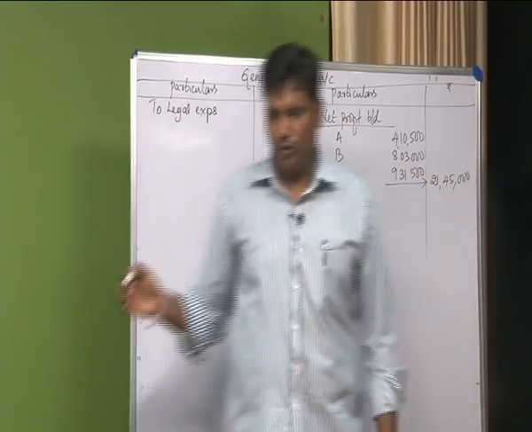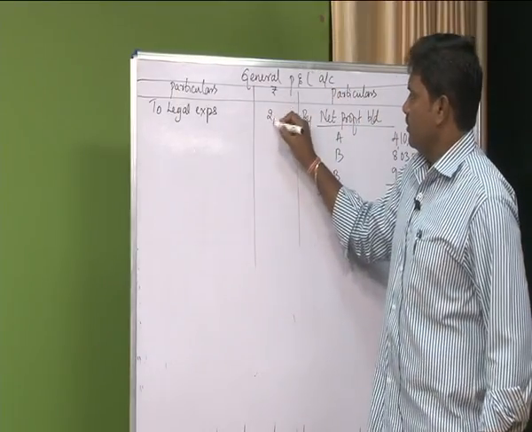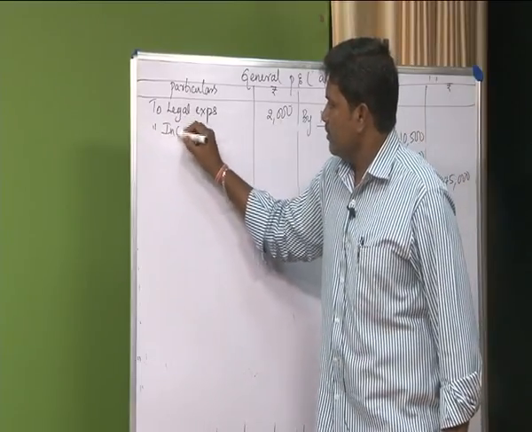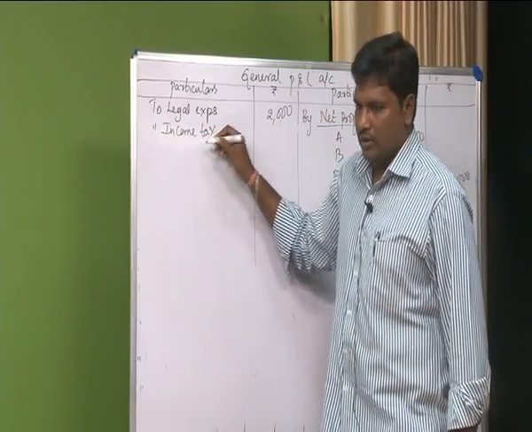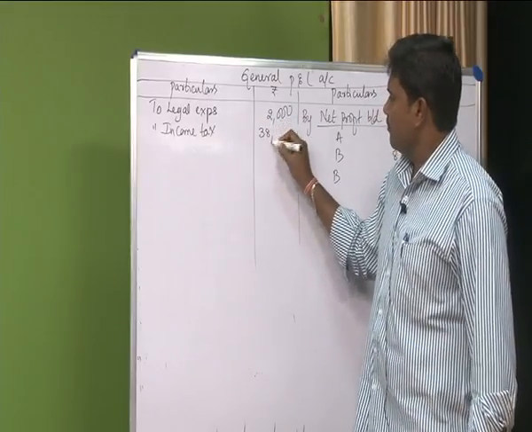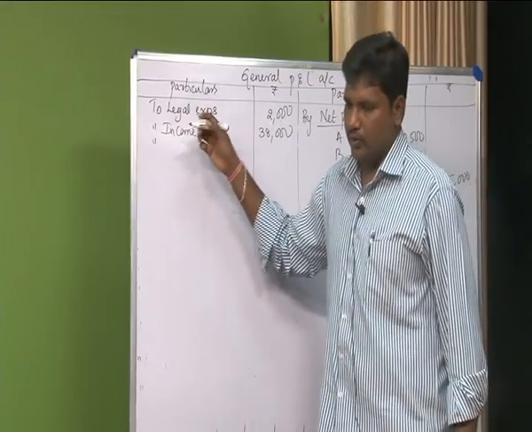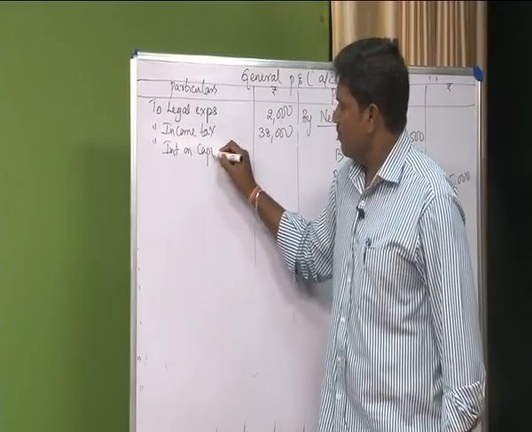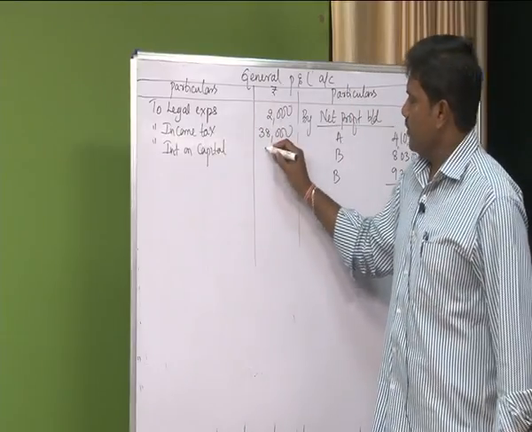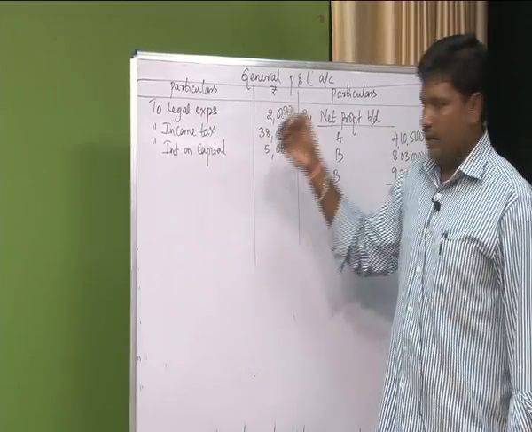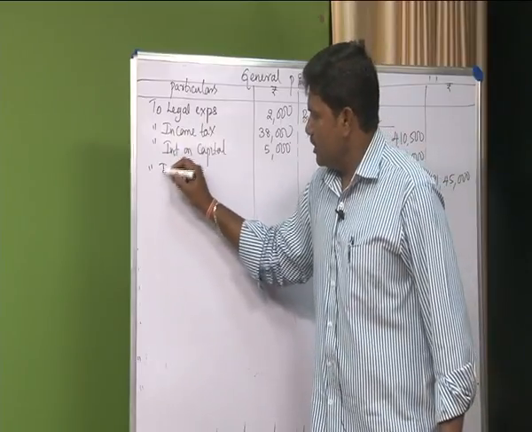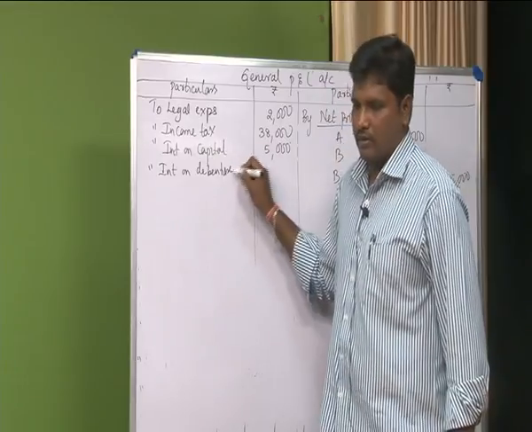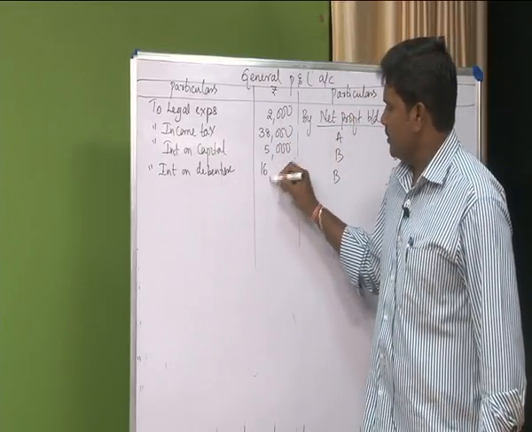Legal expenses was to the extent of 2,000, and then we had income tax to the extent of 38,000. We had interest on capital to the extent of 5,000. We had interest on debenture to the extent of 16,000.